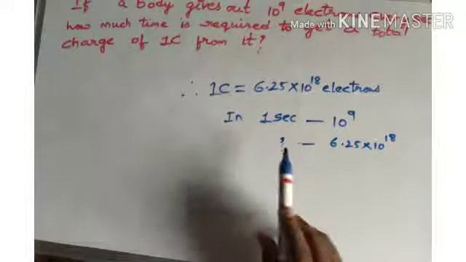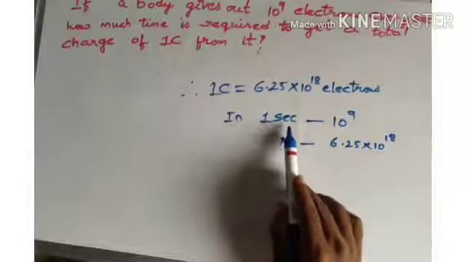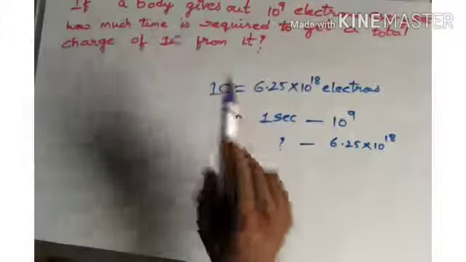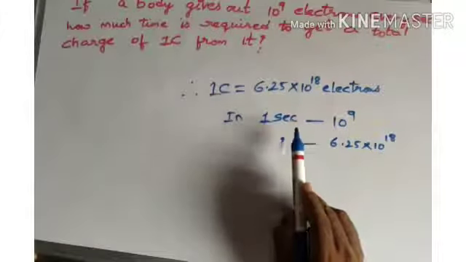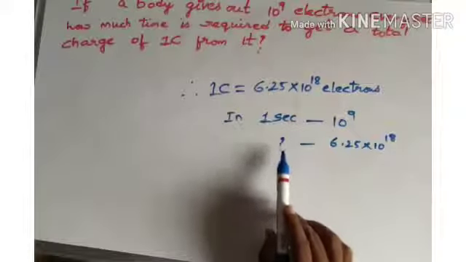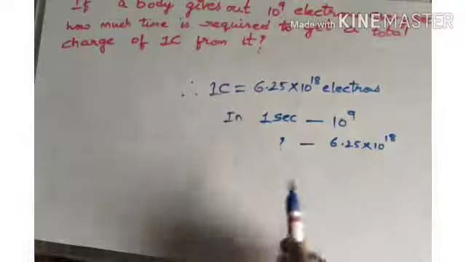The question is very simple. In 1 second, the body is giving out 10 to the power 9 electrons. Now we are supposed to find how much time is required to take out this many electrons.